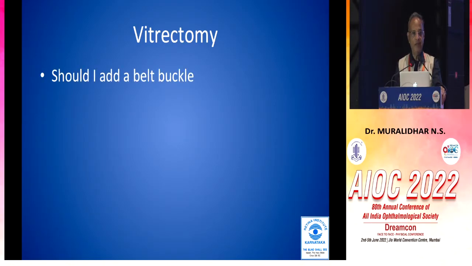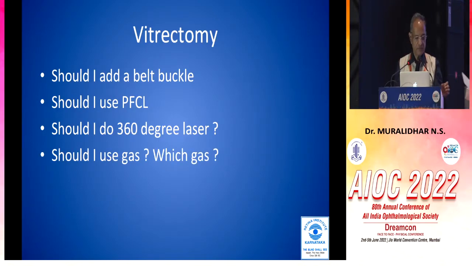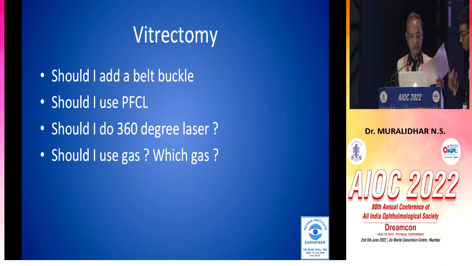So when it comes to vitrectomy, again we have so many choices. Should I add a belt buckle along with vitrectomy in this patient? Should I use PFCL for flattening the retina in this patient? Should I do a 360-degree laser to the retina in this eye? Should I use gas?